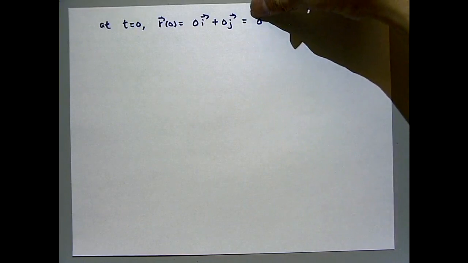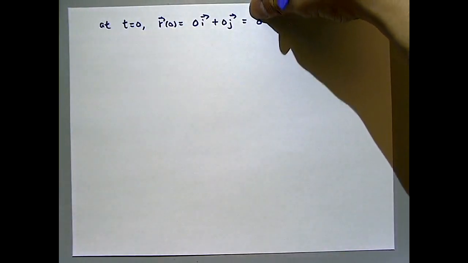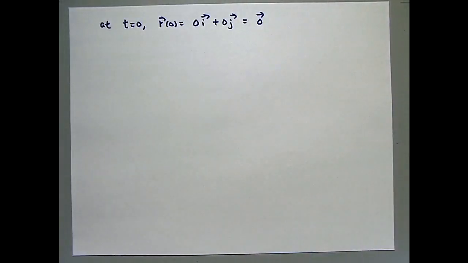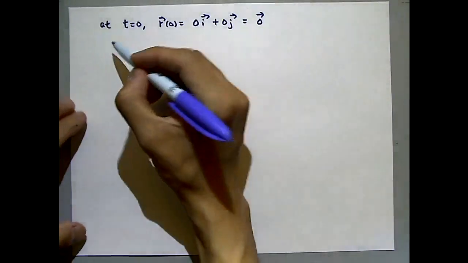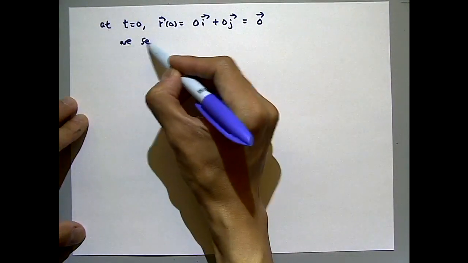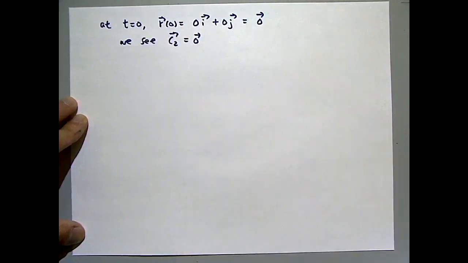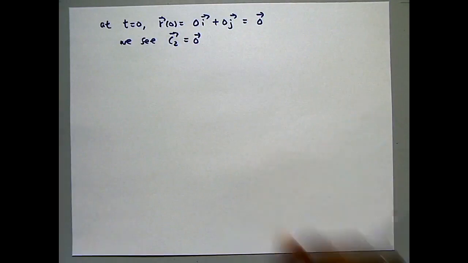If I don't write the arrow here, then that's a scalar. I can't have a vector equal to a scalar. That doesn't make sense. There's no such thing as a vector equaling a scalar. So if you plug this condition into the last equation we got over my left shoulder, you see that C2 is equal to 0 very quickly.